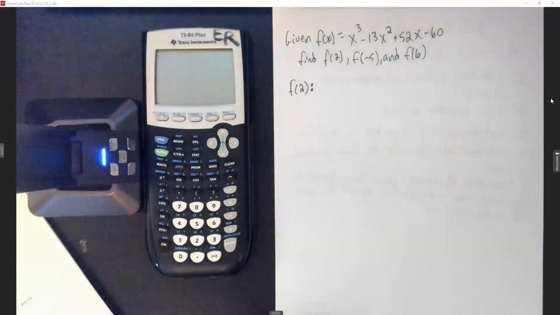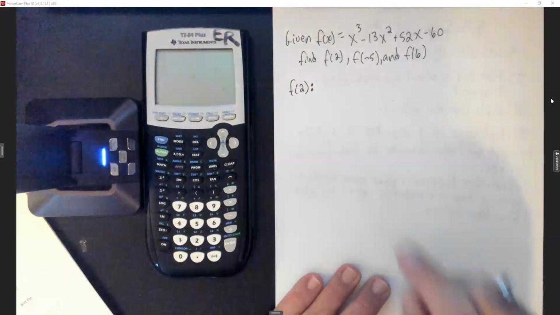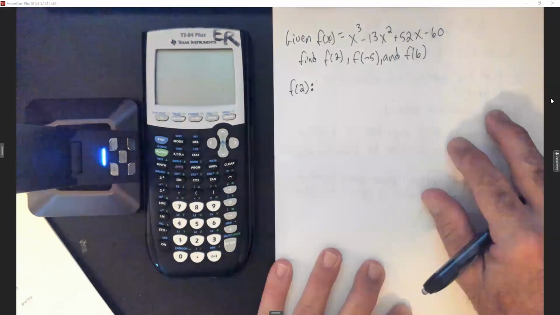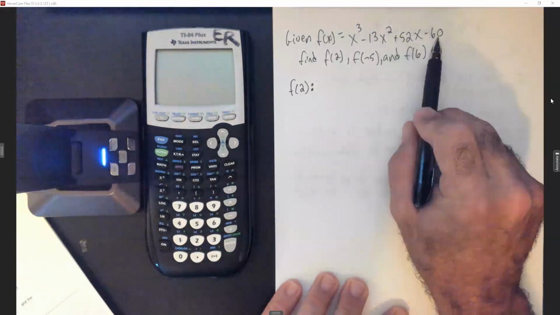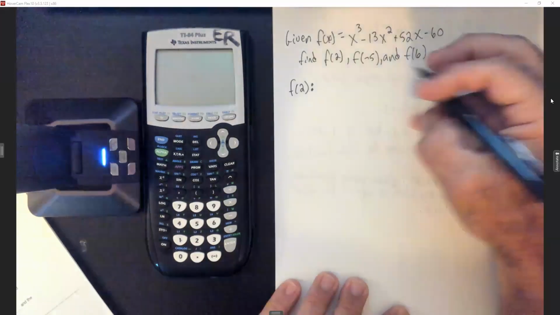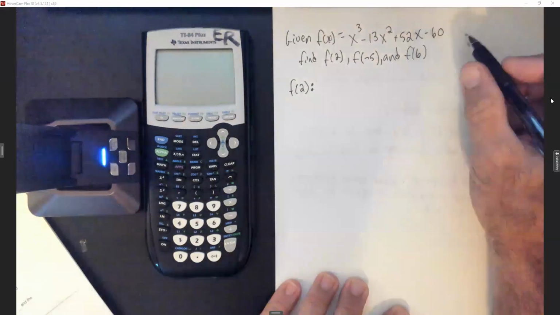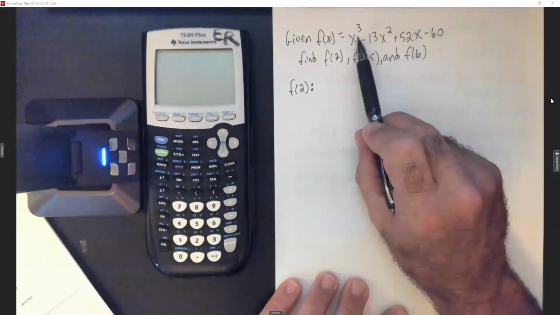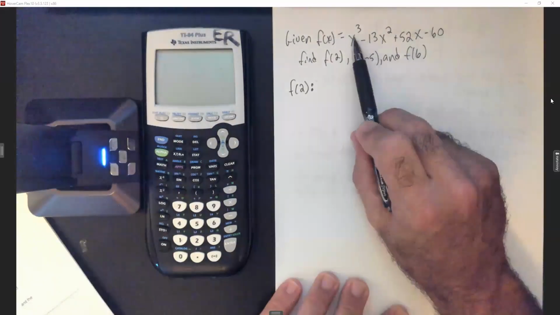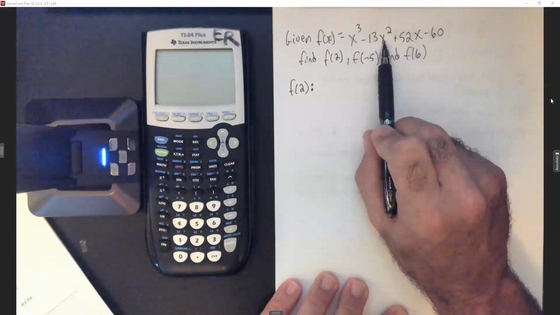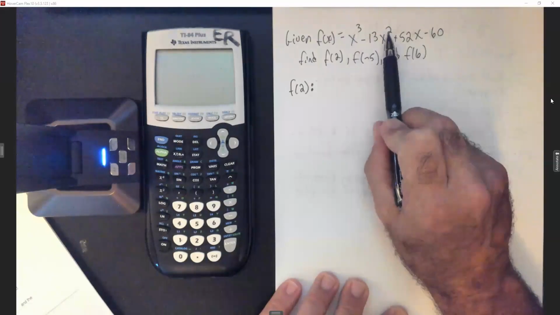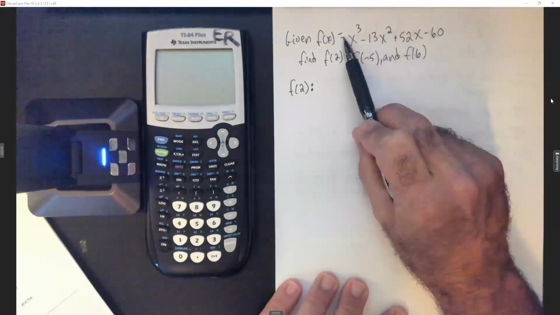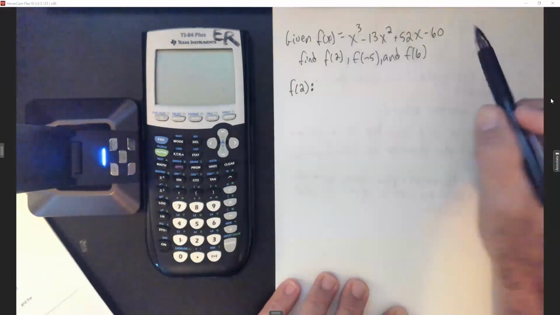So what you want to do when you start synthetic division, you need to write out all the coefficients of the polynomial. Now, notice I got an x cubed term, x squared term, x term, and then my number. If I was missing any of my terms, I would have to use zeros in place of that, okay?